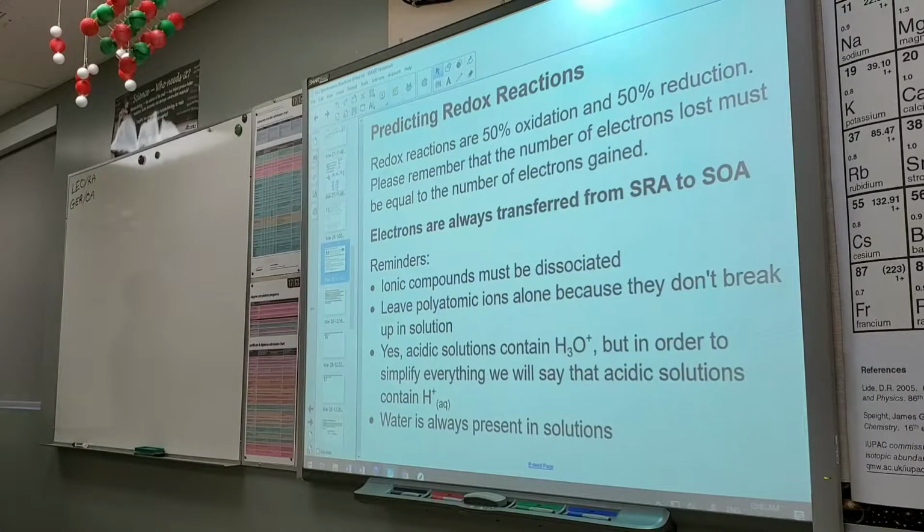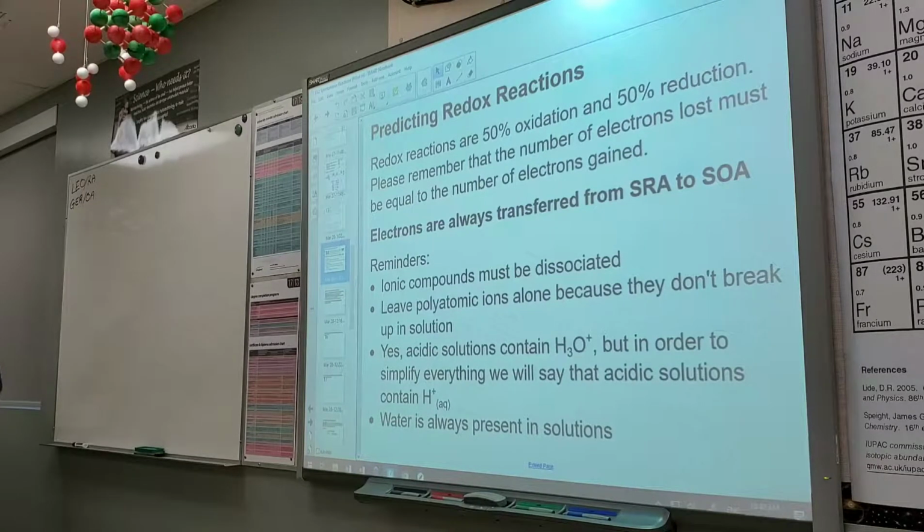I want to draw an analogy back to our equilibrium unit, when we tried to predict Bronsted-Lowry reactions. Do you remember how to do that?